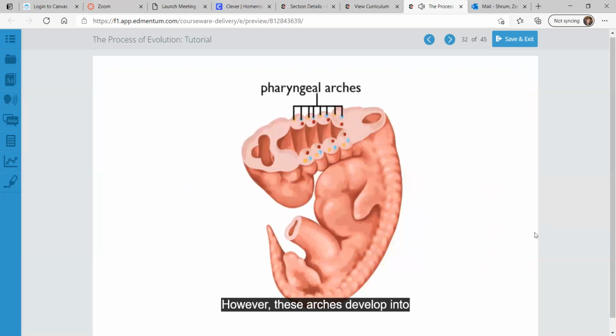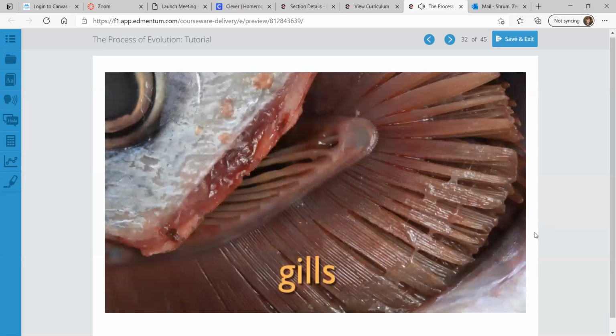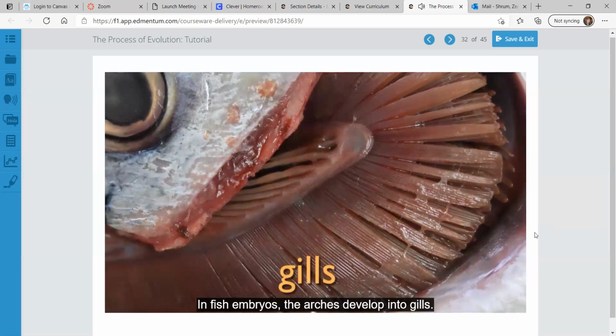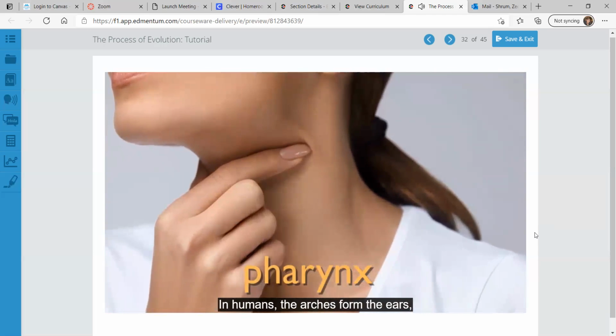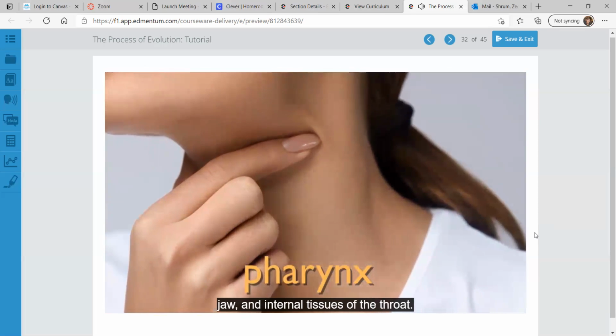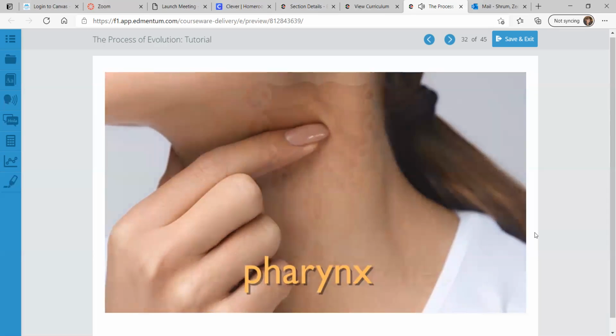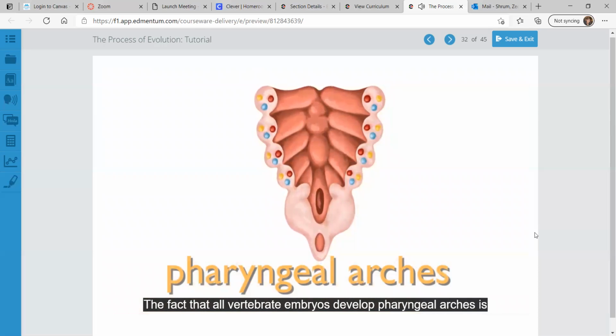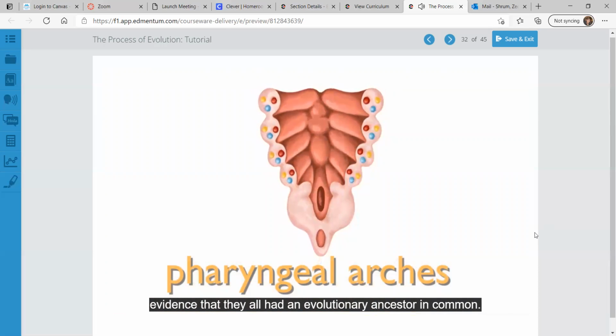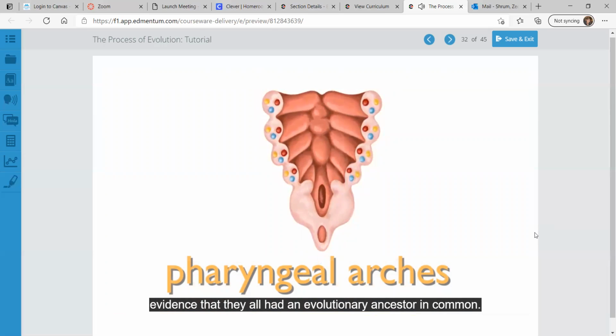However, these arches develop into different organs as the embryos mature. In fish embryos, the arches develop into gills. In humans, the arches form the ears, jaw, and internal tissues of the throat. The fact that all vertebrate embryos develop pharyngeal arches is evidence that they all had an evolutionary ancestor in common.